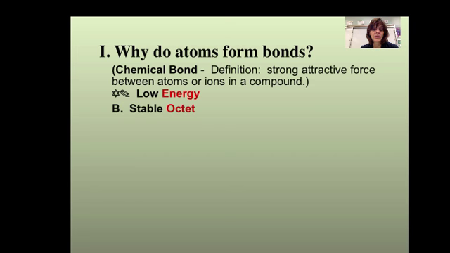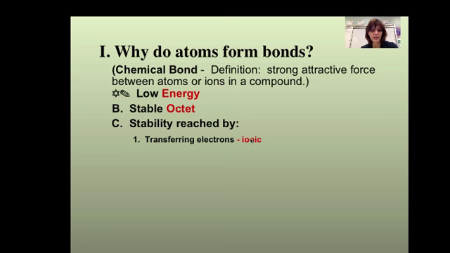They often do it to achieve a stable octet, which is 8 valence electrons in most cases. Stability is reached by either transferring electrons, which means an ionic bond, or sharing electrons, which are covalent or metallic. We're going to talk about how those two share differently.